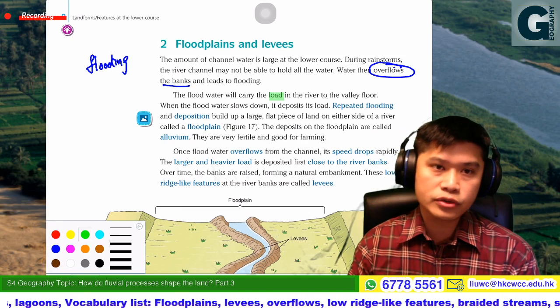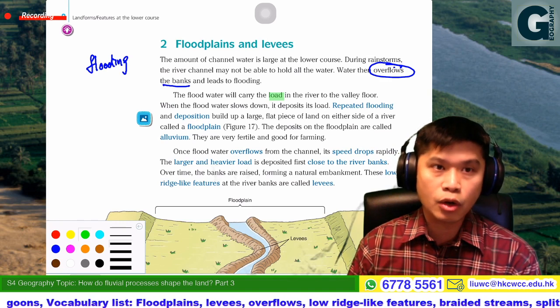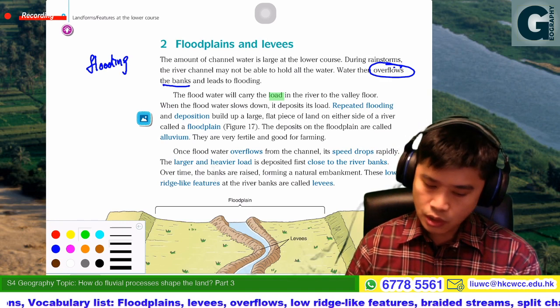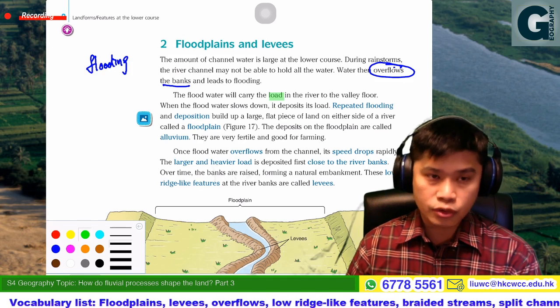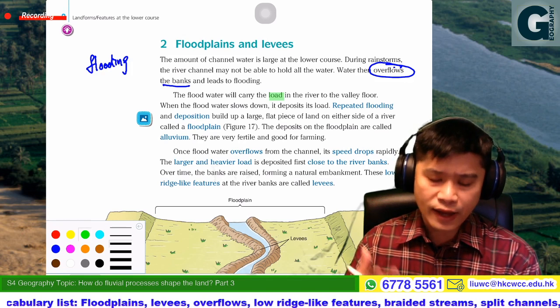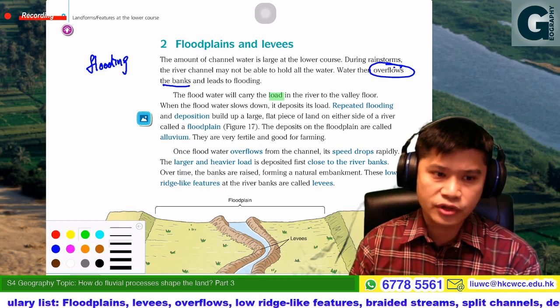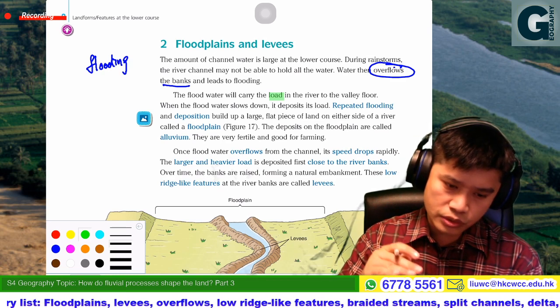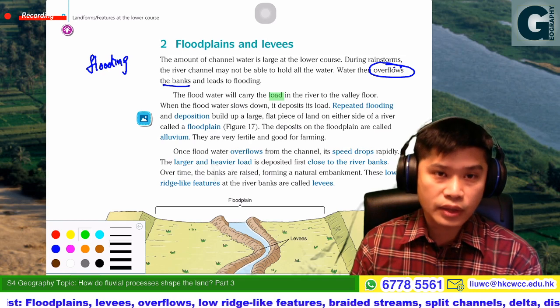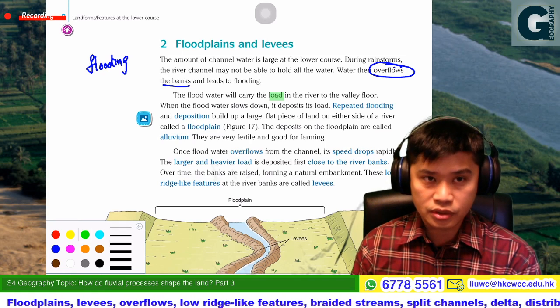So when that load is carried to the lower course, the energy of the river goes relatively low, so deposition may occur.